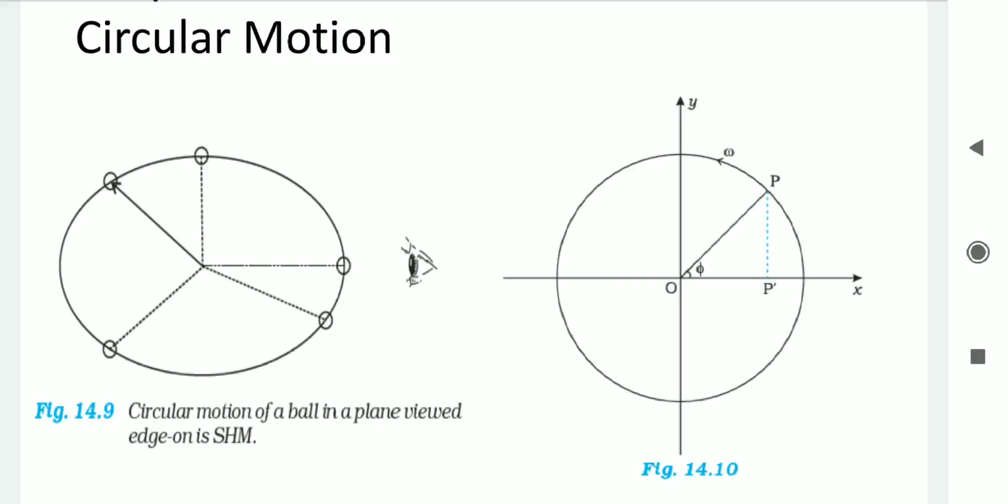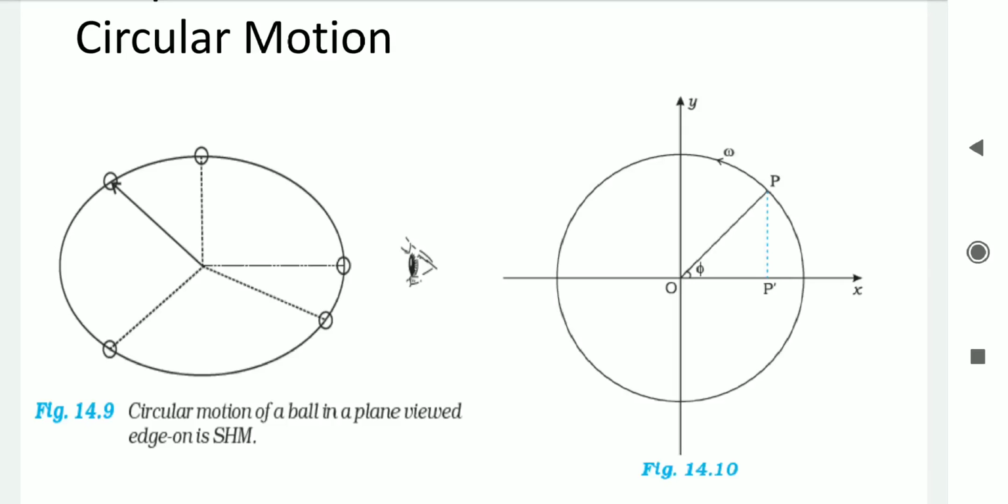Now from that particular point, take alignment onto the x-axis and this gives the vector OP dash. So here the particle is moving in anti-clockwise direction on the circle of radius A, with angular speed omega. Initially at time t equals 0, we have a vector OP that makes an angle phi with the positive x-axis. And while it is moving, after a certain time t, it makes the angle omega t plus phi.